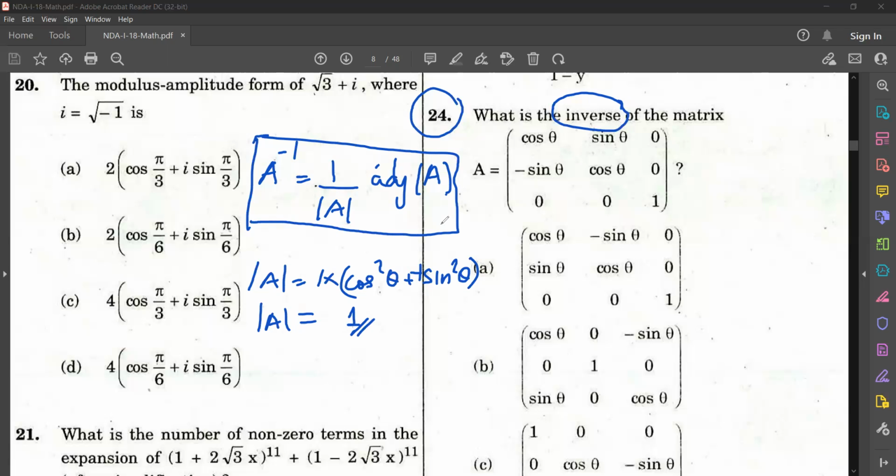Now we have to find adjoint of A. So how to find adjoint of A? For finding adjoint, we need the cofactor matrix, isn't it? Minor and then cofactor.